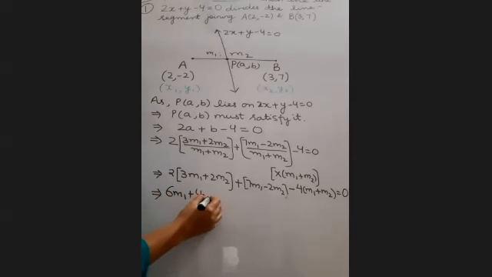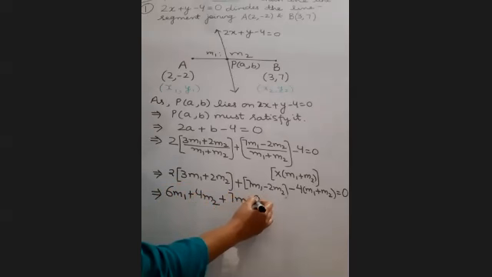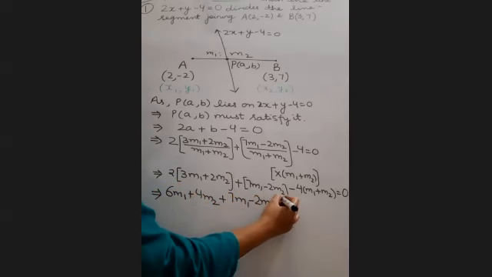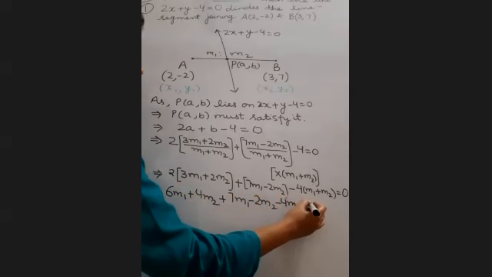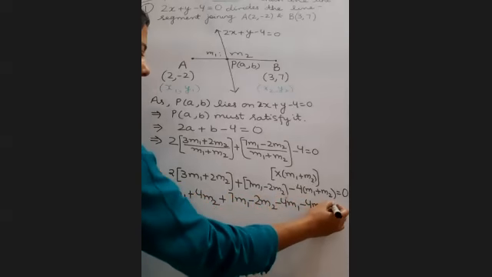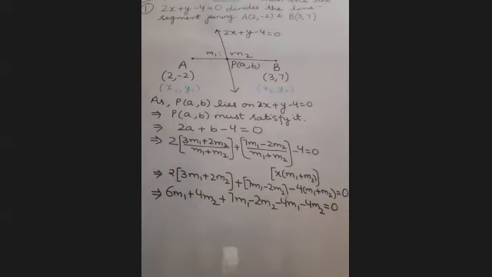So now let us open the bracket. 2 into 3, 6m1 plus 4m2 plus 7m1 minus 2m2 minus 4m1 minus 4m2 is equal to 0. Clear?